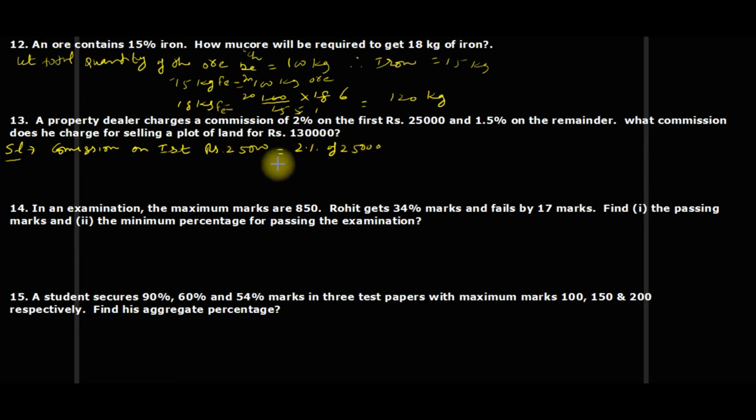This would come out to be 2 upon 100 multiplied by 25,000. Right? 0 cancels 0, this would become 0, 2 fives are 10, so this would become rupees 500 he earns on the first 25,000.